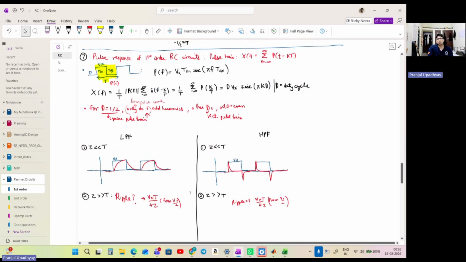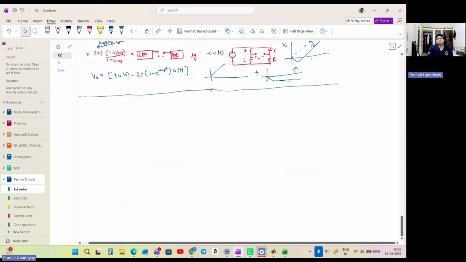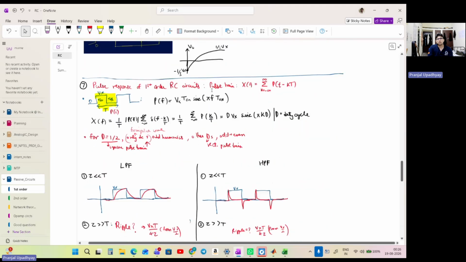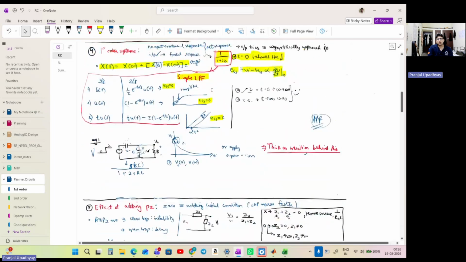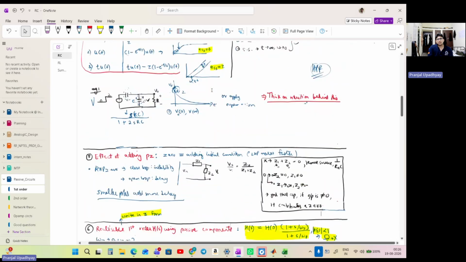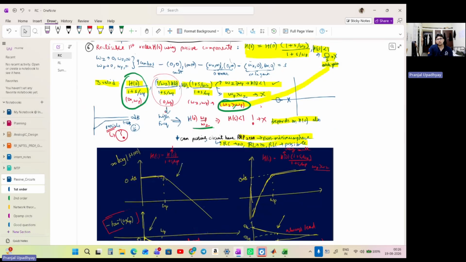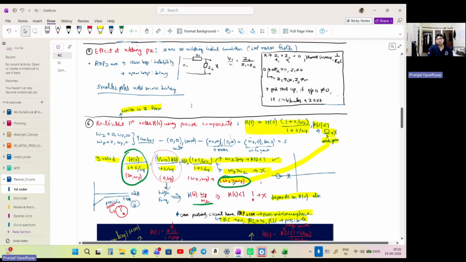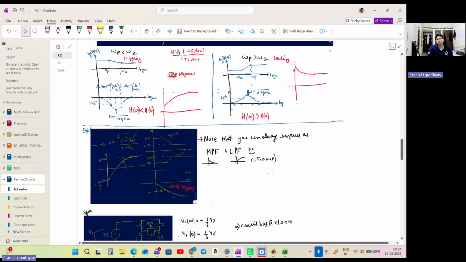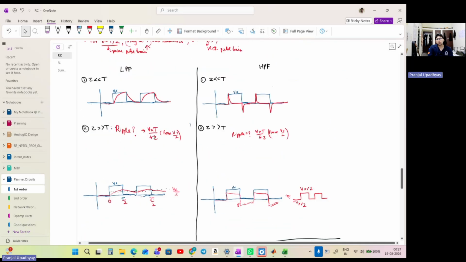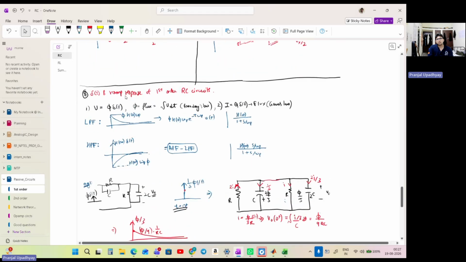Okay. Now here, we have just talked about realizable first order circuits using passive components. Let's see how much stuff is ahead of us. There is substantial stuff to discuss, so just so that this video does not get too long, I think we can end this discussion here for now. In the next video, we'll quickly discuss high pass systems first and get some idea about them, and then we can discuss realizable first order systems, and then pulse response, and then the impulse response of first order circuits.